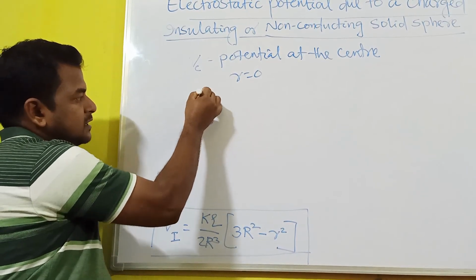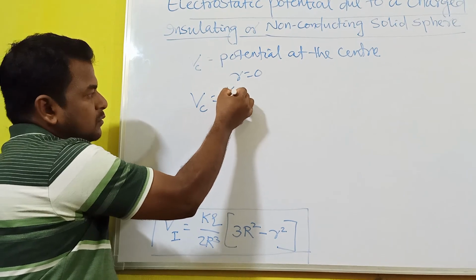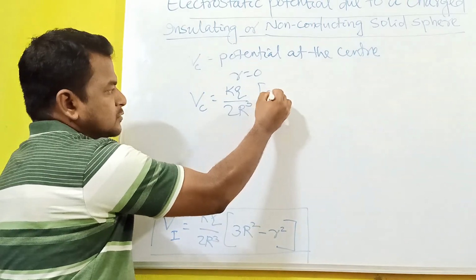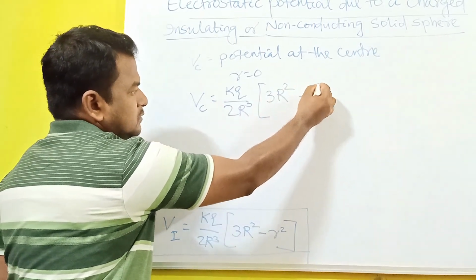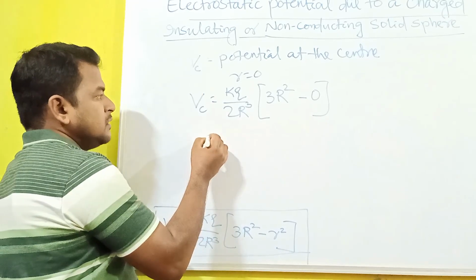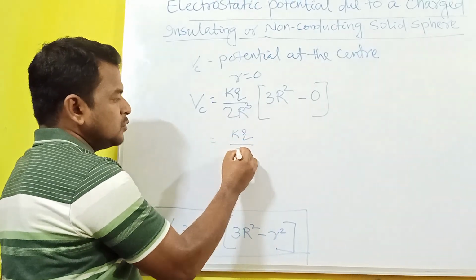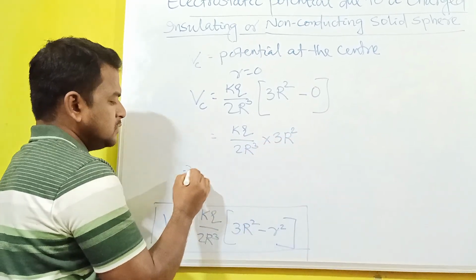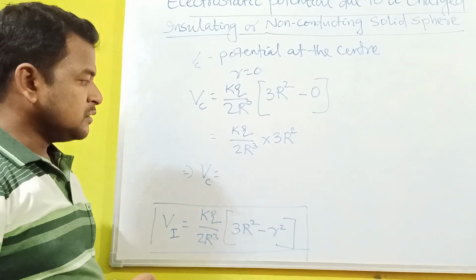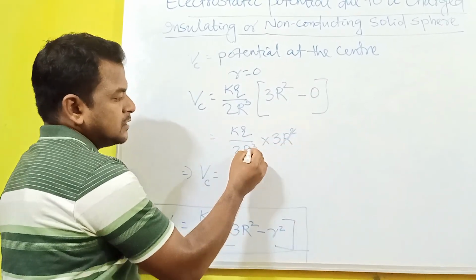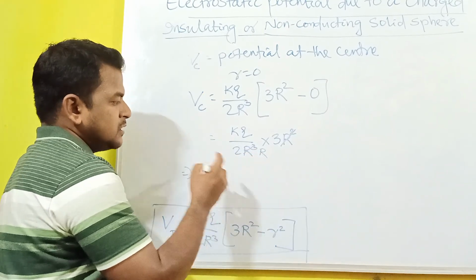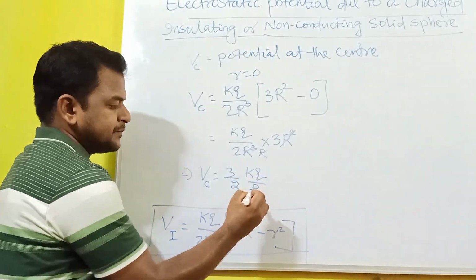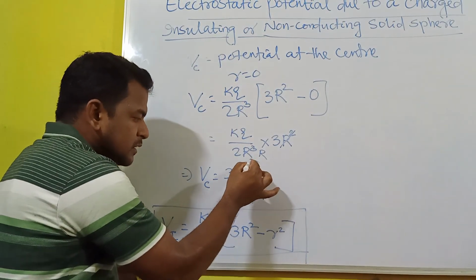So VC will be how much? kq upon 2R cube, 3R square minus 0. It will be kq upon 2R cube into 3R square. So potential at the center will be how much? R square, R left, then 3 by 2 kq upon R.